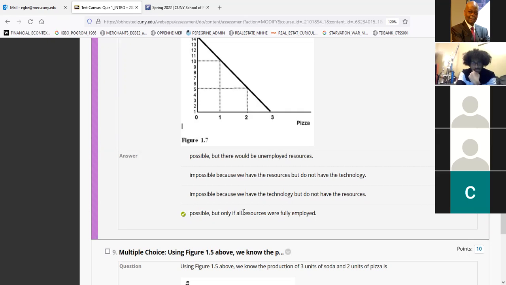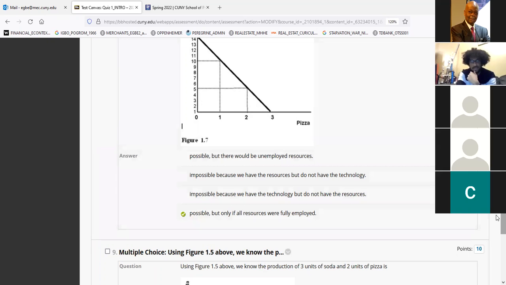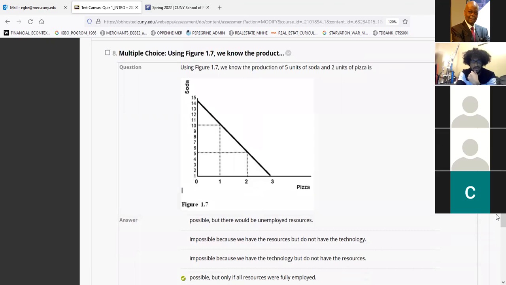If 5 soda and 2 pizza is outside of the frontier, it's not possible. You mean inside? If 5 soda and 2 pizza is inside, it's possible. Yeah. If it's on the frontier, it's possible. You get the idea?